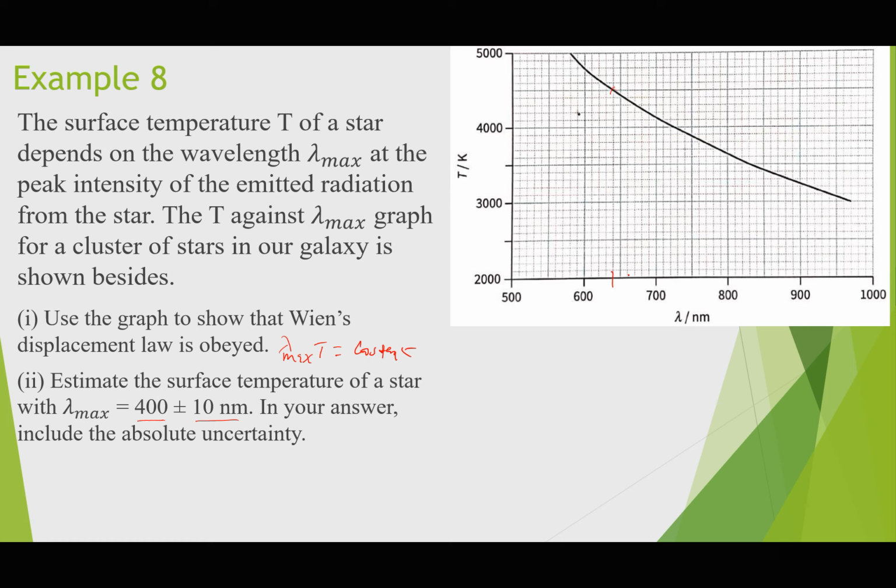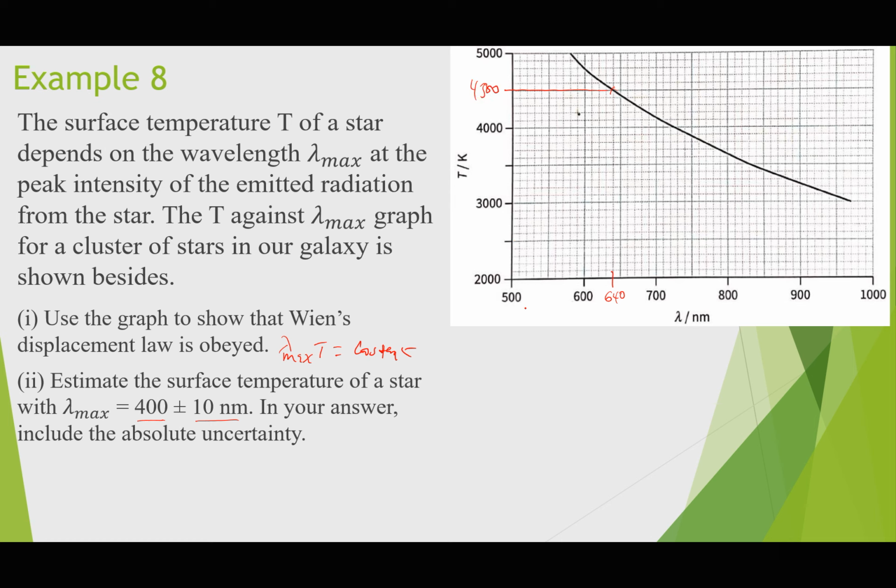Each of these divisions is, I think, 10. So this is 1, 2, 3, 4, so that is 640 nanometers. And each of these on the vertical is, I think, 4,500.